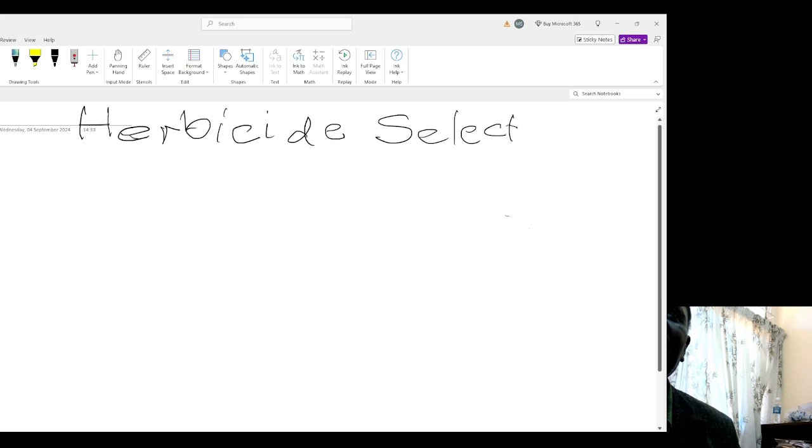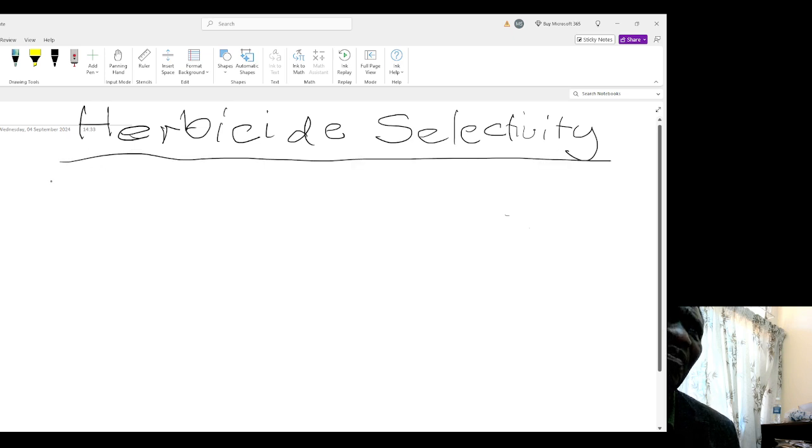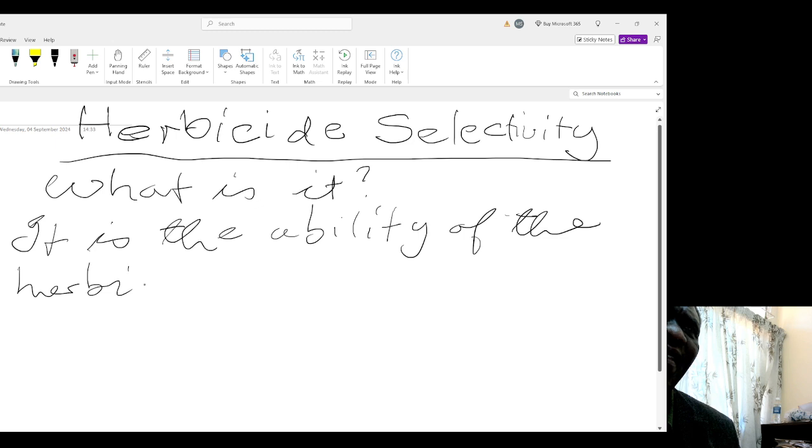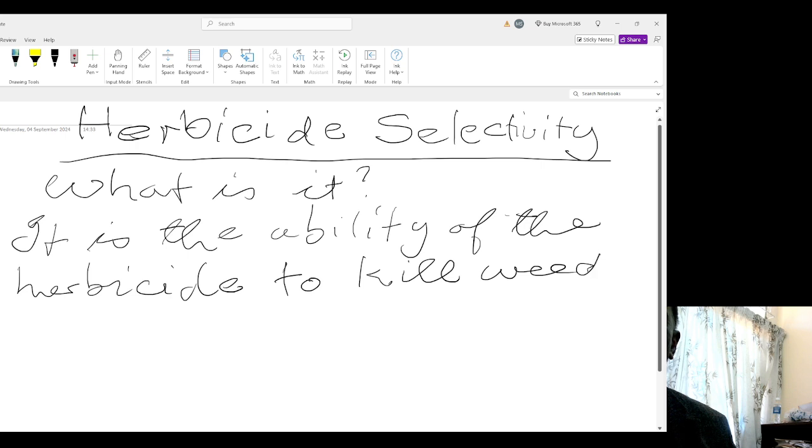Herbicide selectivity, what is it? It is the ability of the herbicide to kill weeds, leaving the crops unharmed.